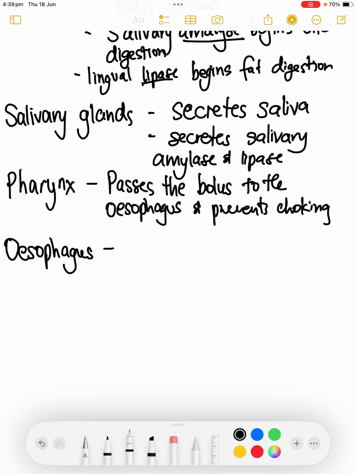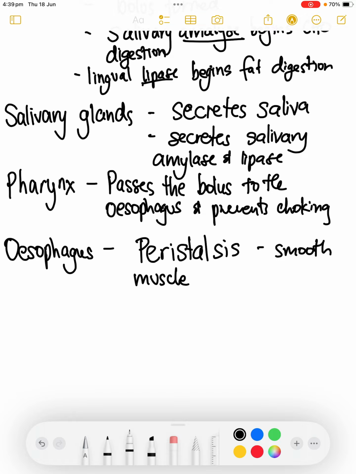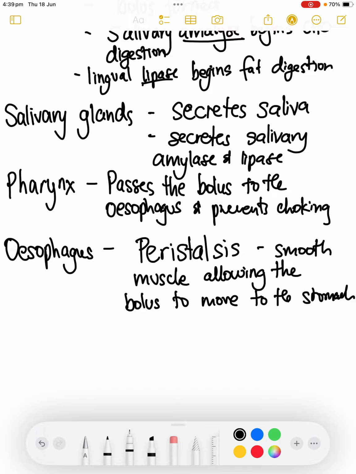So the main one I'll put here is peristalsis, and it's a smooth muscle, which allows the bolus to move to the stomach, using that smooth muscle to gently transition the food down the GI tract.